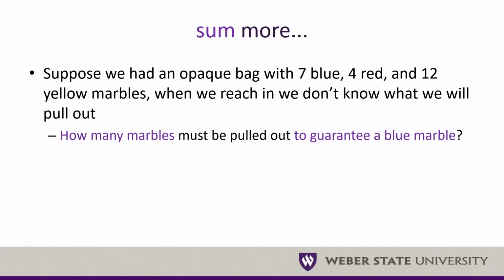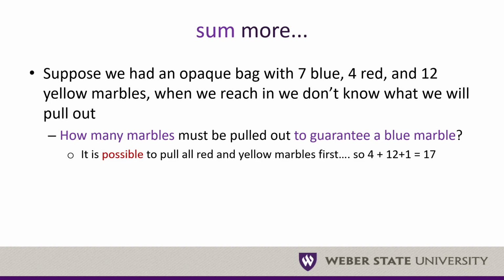So I have to ensure that I didn't pull out all the other ones first, so that the next one I get has no chance of being red or yellow. It's got to be blue. And then the next one I pull out is blue. So I've got to pull out 17 of them in order to make sure that it's not possible to pull anything else out. So I have to pull out 17 marbles to ensure that I've got one blue.